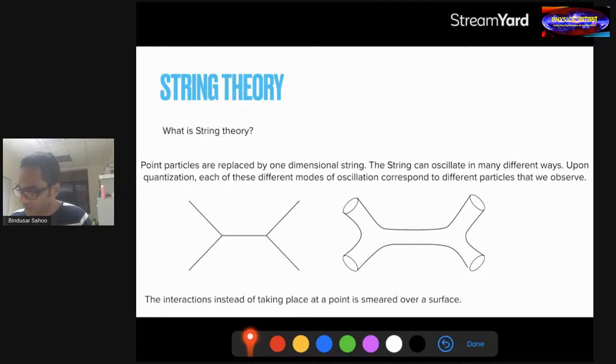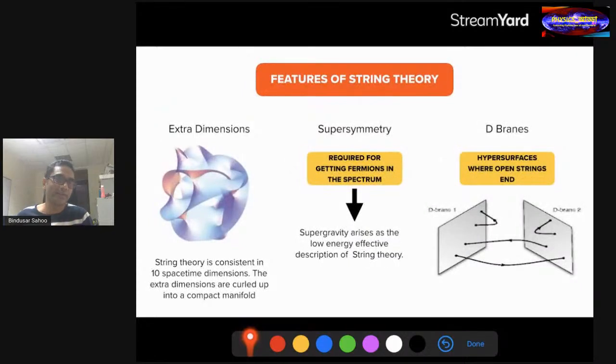Okay, so one of the features of string theory is that you need extra dimensions. String theory is consistent in 10 space-time dimensions, so 9 space and 1 time, whereas our real universe that we are living in is 3 space and 1 time.